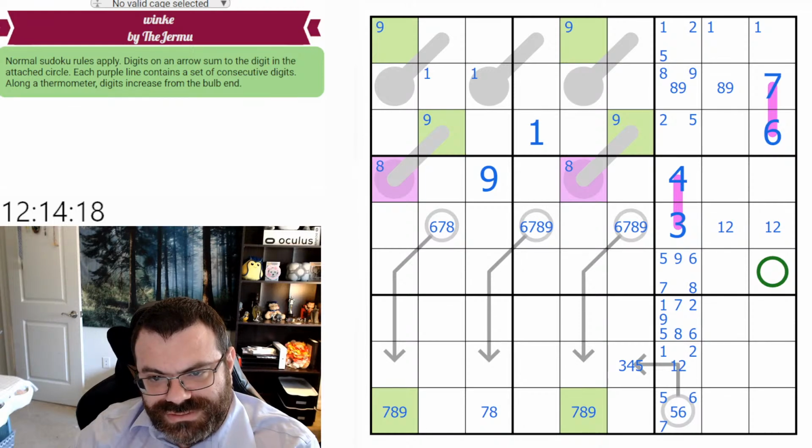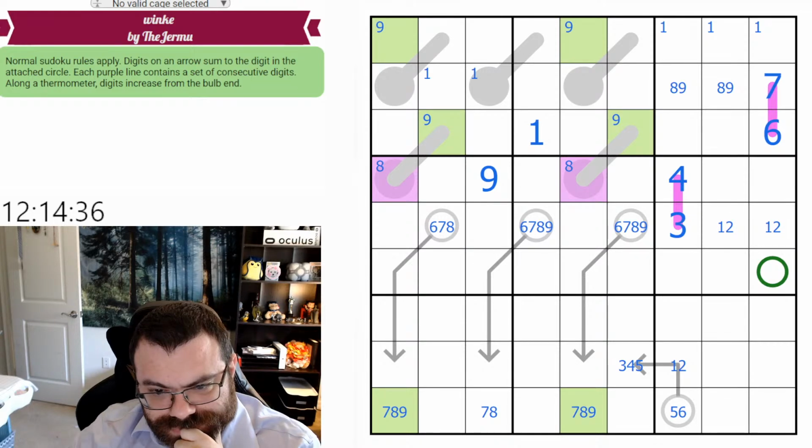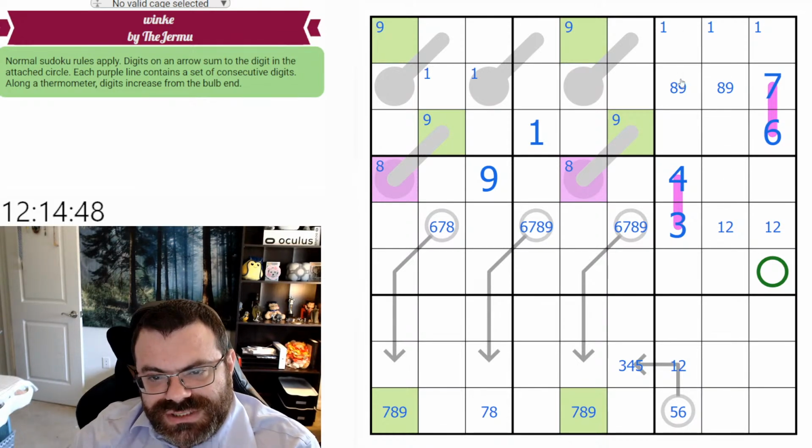I feel like I didn't do this right. So maybe the way to think about this is 6, 7, 8, 9 are in these 4 cells.